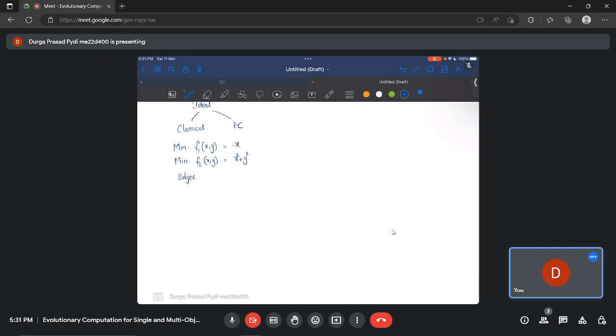We have only one condition which says 0 is less than or equal to x, y less than or equal to 1. Now we want to solve this problem and obtain the Pareto front for this. There are several methods in the classical technique. The first one is the weighted sum method.